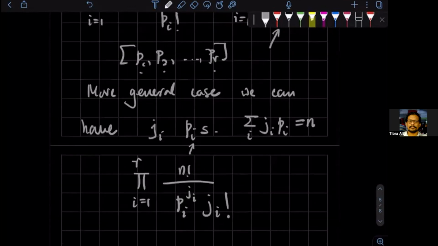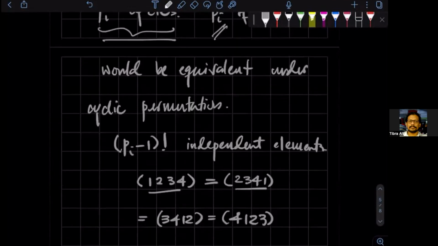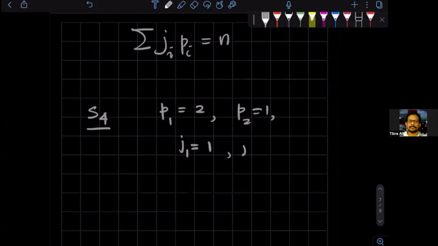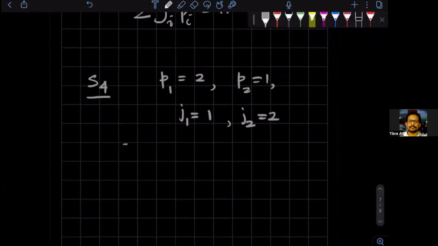So for example, let me just give you an example. Suppose we were discussing S4, right? So for S4, let's look at say p1 equals 2 and p2 equals 1, where j1 is 1 and j2 is 2. So what does this mean? We write this as (2,1),(1,2).